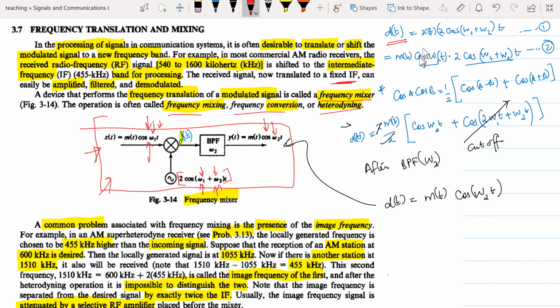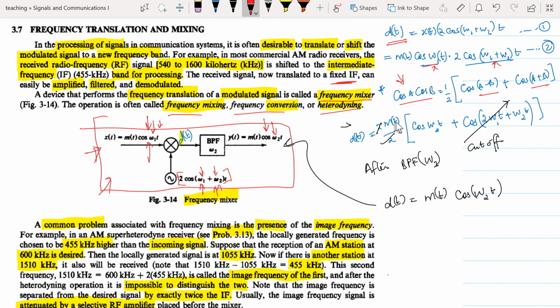Therefore, when we do the multiplication, you end up with m of t cos omega 1 t times 2 cos (omega 1 plus omega 2) t. Following the identity of cosine multiplication, cos A cos B, we can clearly say this is our A and this is our B. When you perform that multiplication, you end up with two terms: cos (A minus B) plus cos (A plus B).